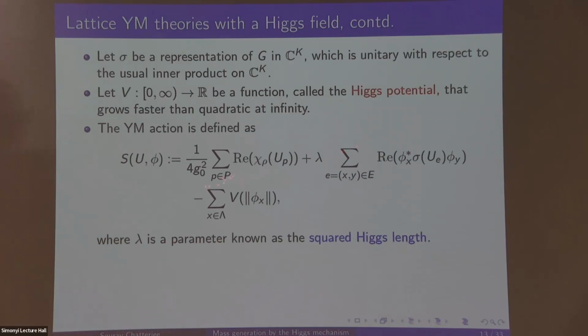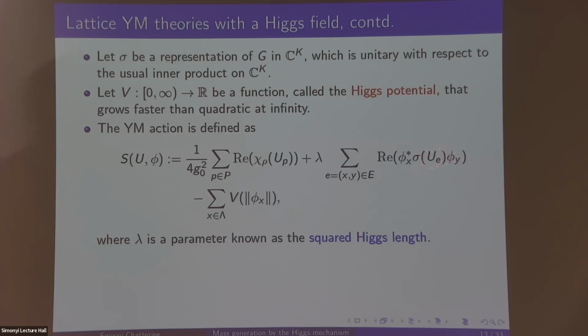The action is now defined as follows. This was our original action, 1 over 4g squared, the real part of chi rho up, the usual thing. Then there is a term where the Higgs field and the gauge field interact. You take an oriented edge xy, you take phi x star, sigma u_e phi y.